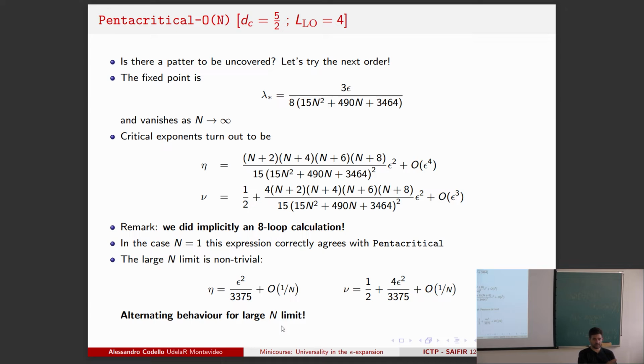But the other ones, the tricritical, the pentacritical, they all have a non-trivial large n limit, which is related to this Bardeen-Moshe-Bander fixed point.